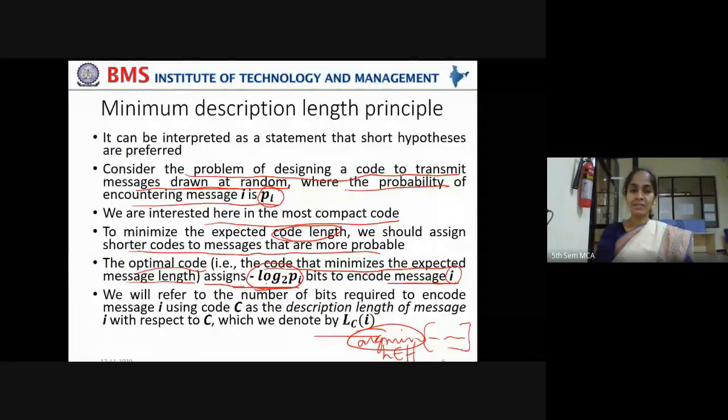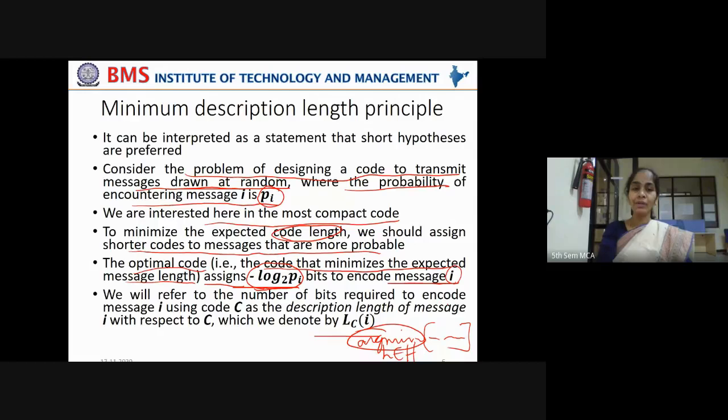Now we will refer to the number of bits required to encode the message i using the code C. Its probability is p_i.